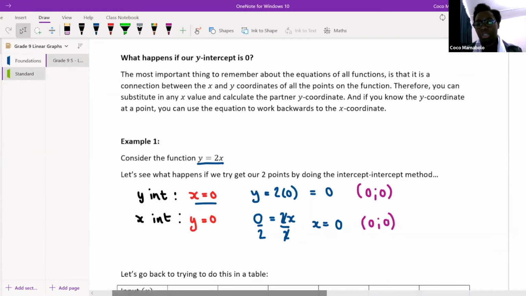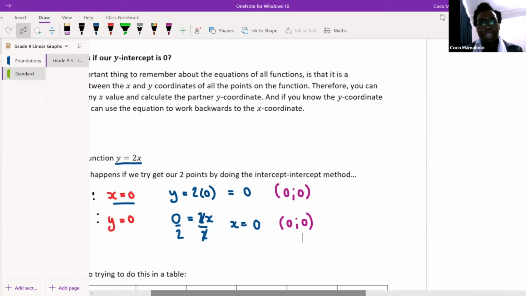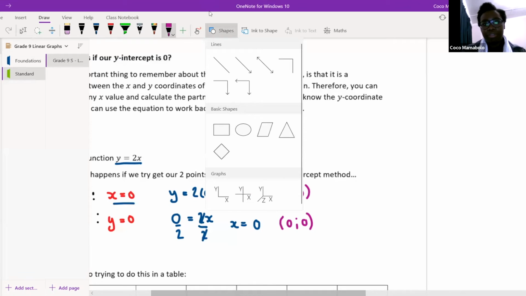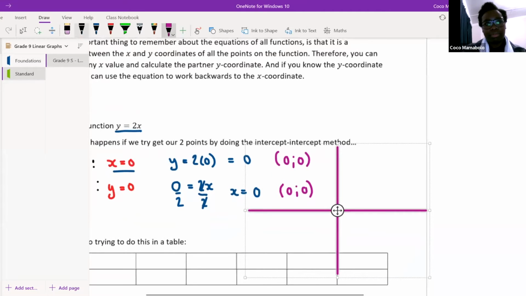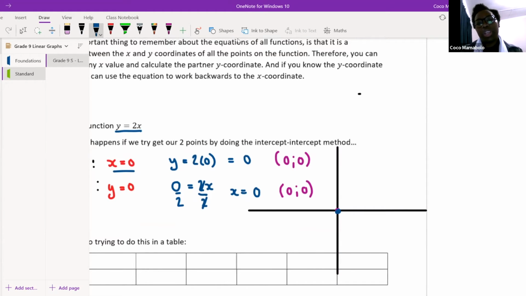Okay. Now the problem here is if I have my graph like this, and my x-intercept is (0, 0) and my y-intercept is also (0, 0), which way do I need to draw my graph?